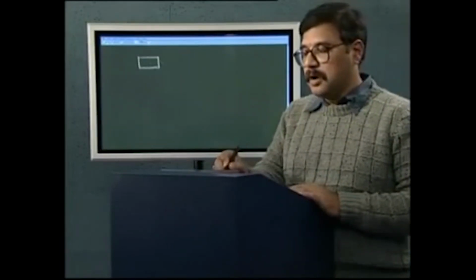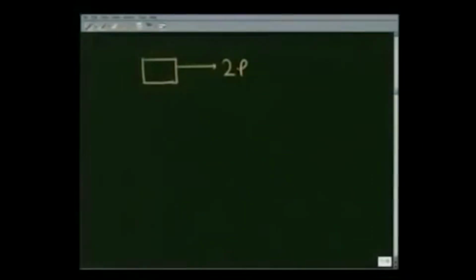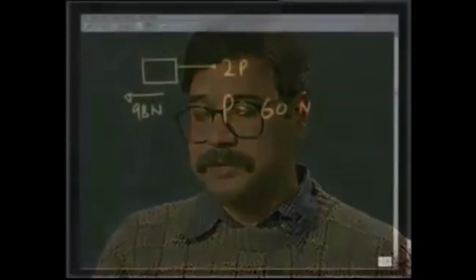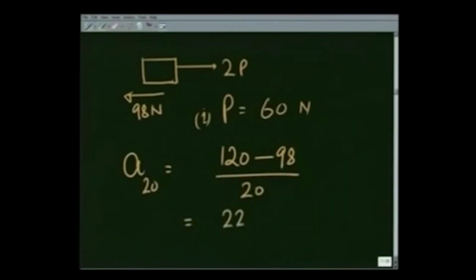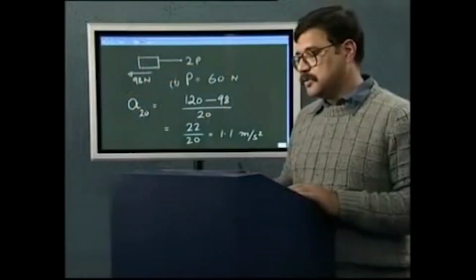So, let us see what happens when I apply a force of 2p here, and this is 98 newtons. In case of p is equal to 60 newtons, which was my first case, the acceleration of the upper mass 20 is going to be 120 minus 98 over 20, which is 22 over 20, which is 1.1 meters per second square.